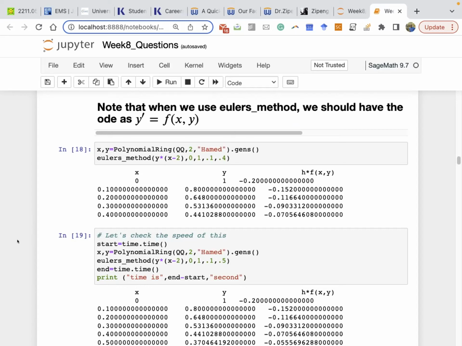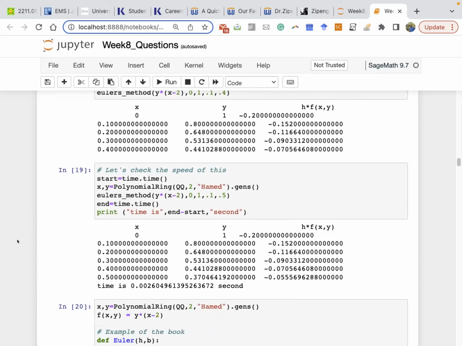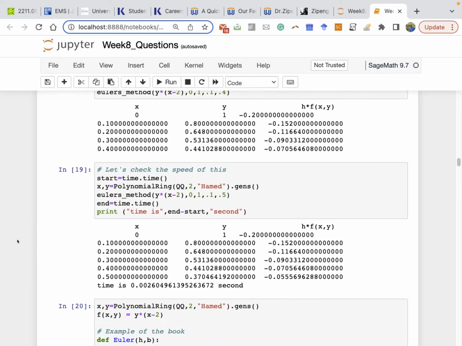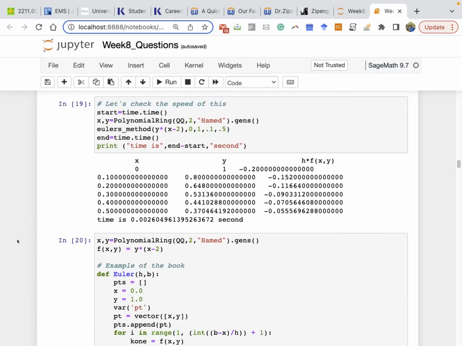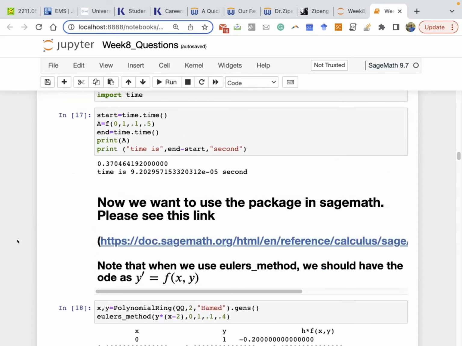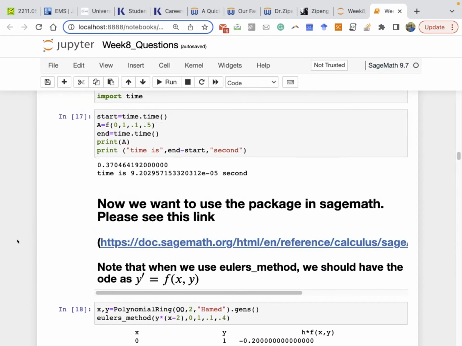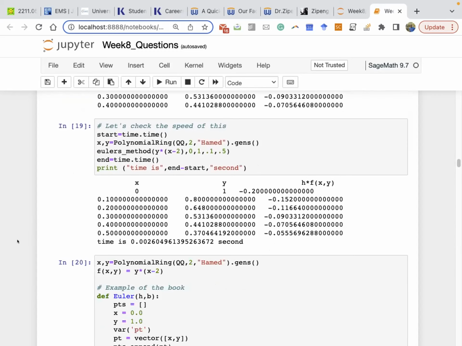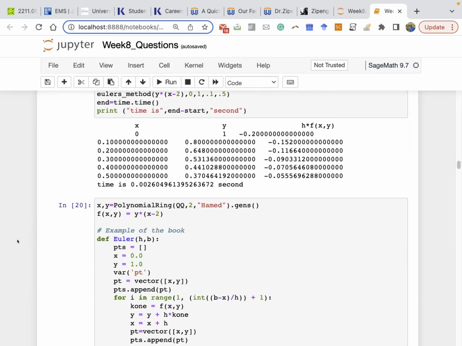So if I use Euler's method, it has this output. Okay. If I measure the time of the same thing in the step size 1/10, the same target, I will get this time. The result is 0.37. Okay, see, the result is 0.37. Okay, but the time is slower.